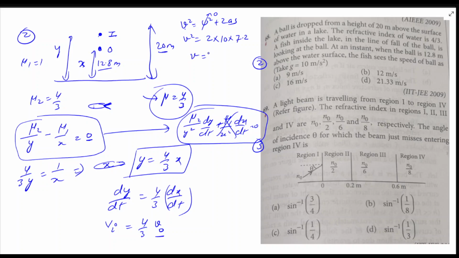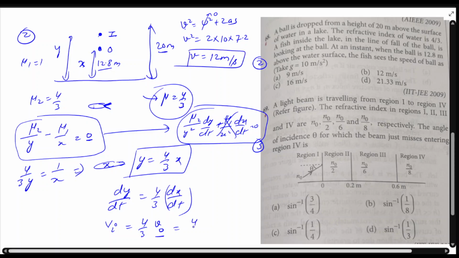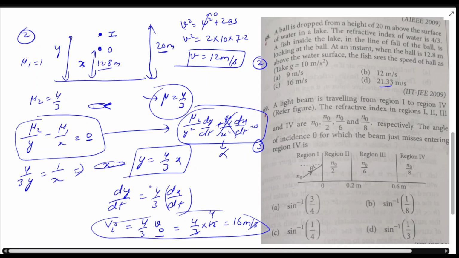So here v will be 12 meter per second. Just put those values here: 4 by 3 into 12. So the answer will be 16 meter per second. If you use the other approach, you will get 21.33, which is wrong. So be careful.